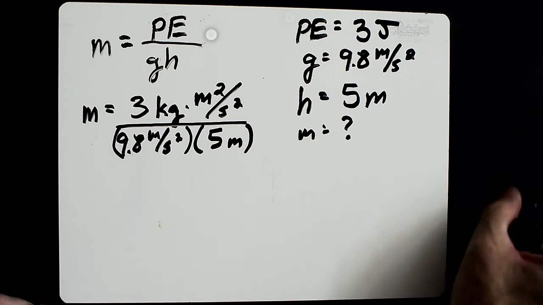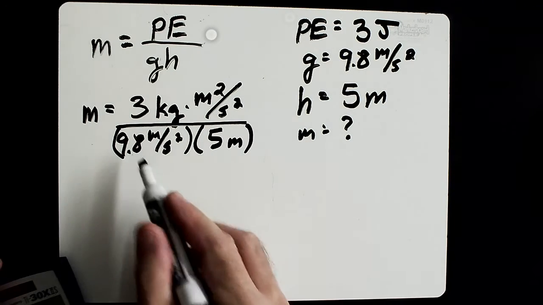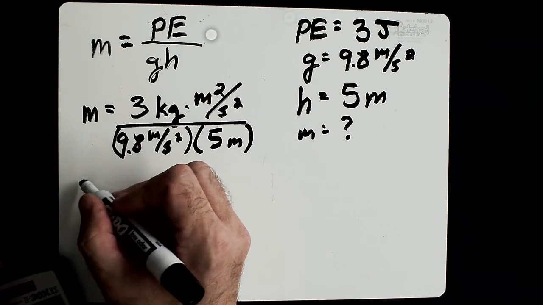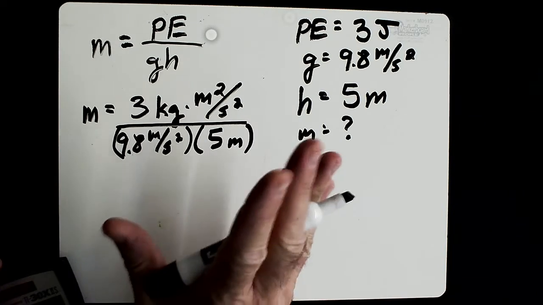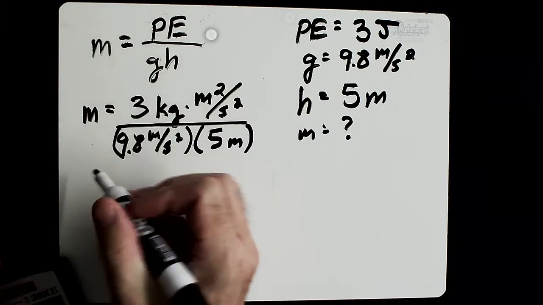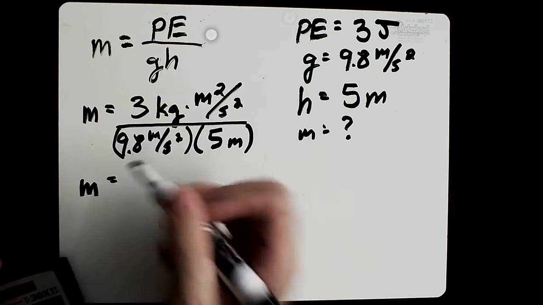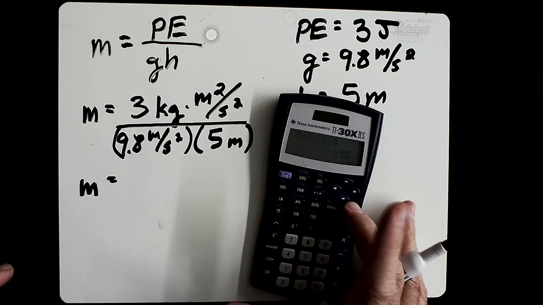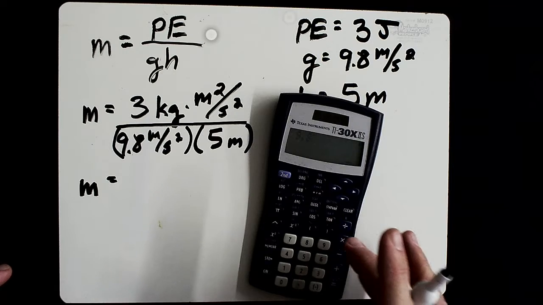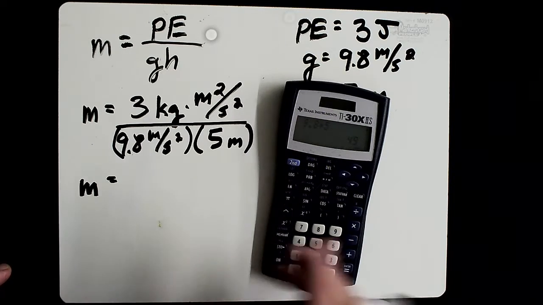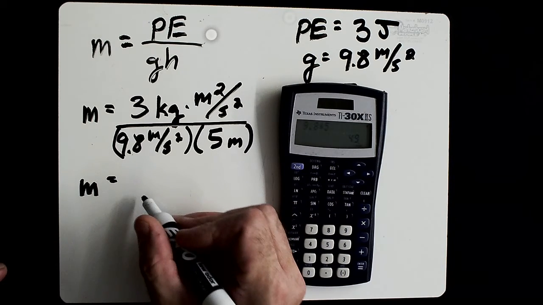Order of operations, right? So we got to do this first. And watch how this works. This is why you have to write the whole unit out. I'm going to do one order of operations step at a time. So 9.8 times 5. If you try to rush through this, you're going to get it wrong.